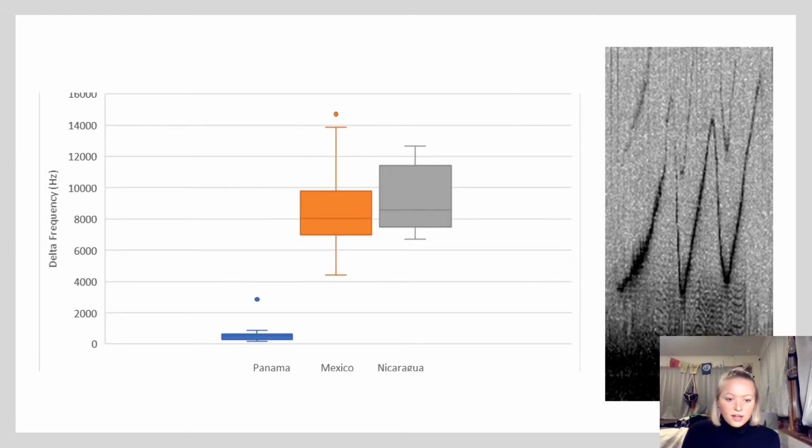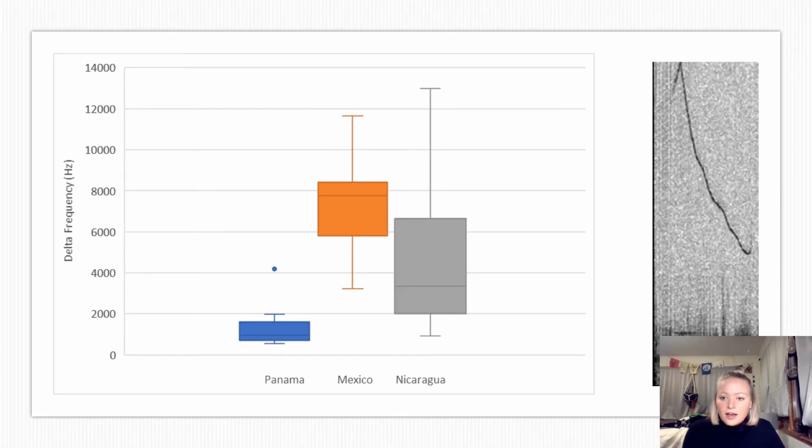Then moving on to sine, we can see Panama is still remaining in the lower frequencies, while Mexico has the greatest change in frequency, and Nicaragua now has the largest median change in frequency.